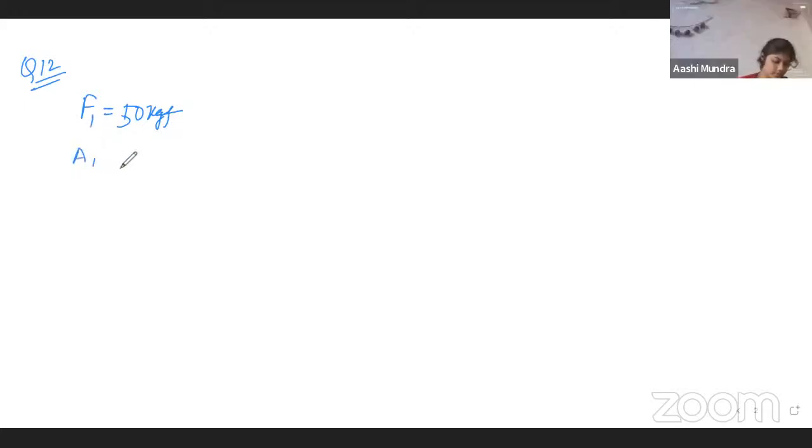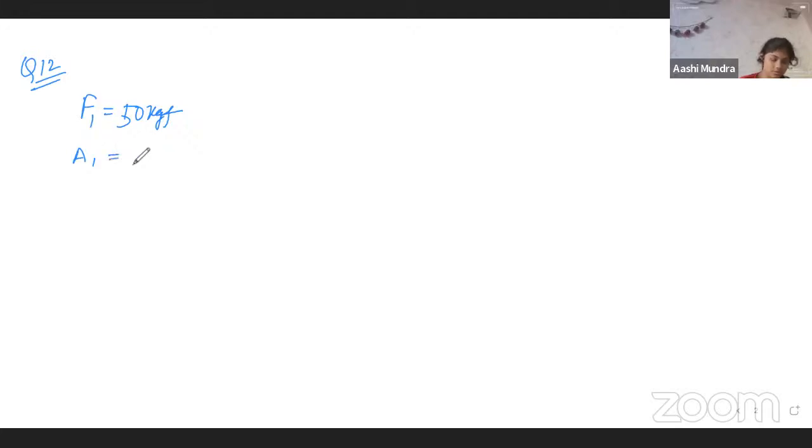Question 12. Force of 50 kgf is applied on a smaller piston of a hydraulic machine, neglecting friction. Find the force exerted on the larger piston if the diameters of the pistons are given as 5 centimeter and 25 centimeter. Ashi, can you tell me how to do this sum? Yes, ma'am.